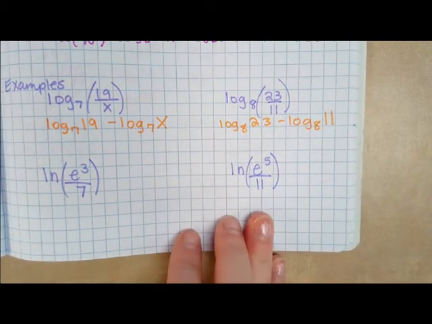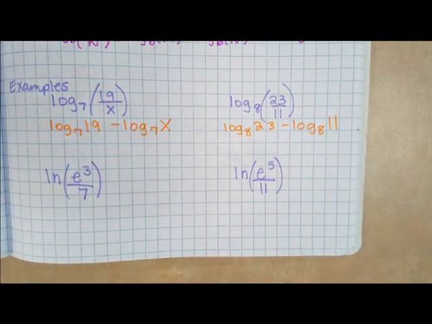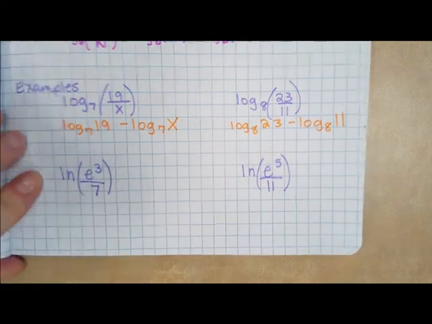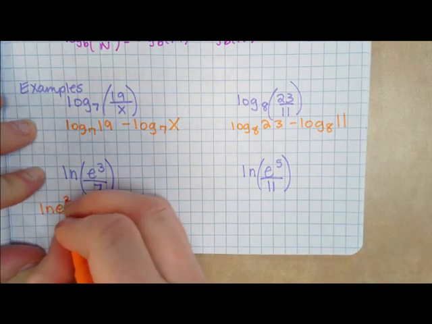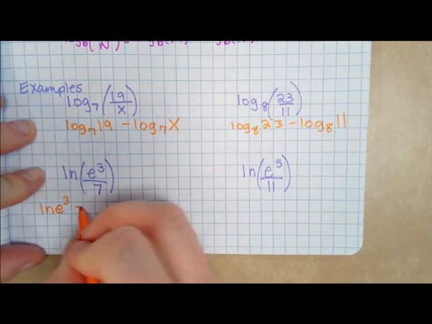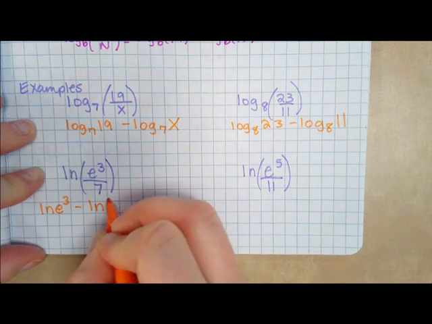Okay, so the next two deal with the natural log, log base e. So this would be ln e cubed minus ln 7.